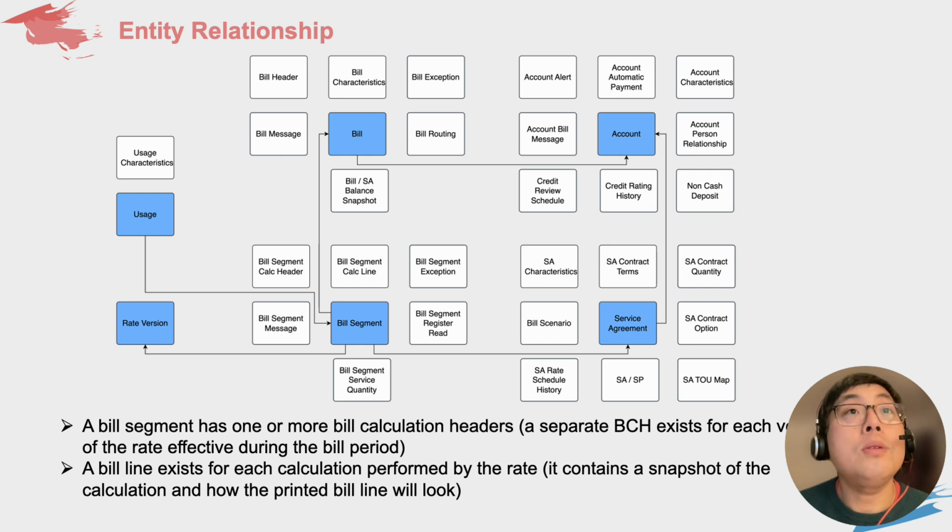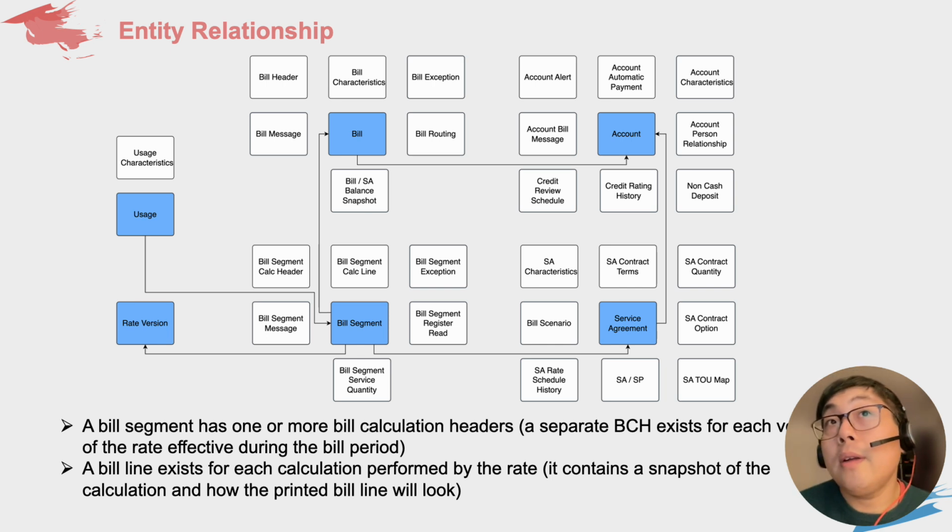And I added two notes here. A bill segment has one or more bill calculation headers. A separate bill calculation header exists for each version of the rate that is effective during the bill period.